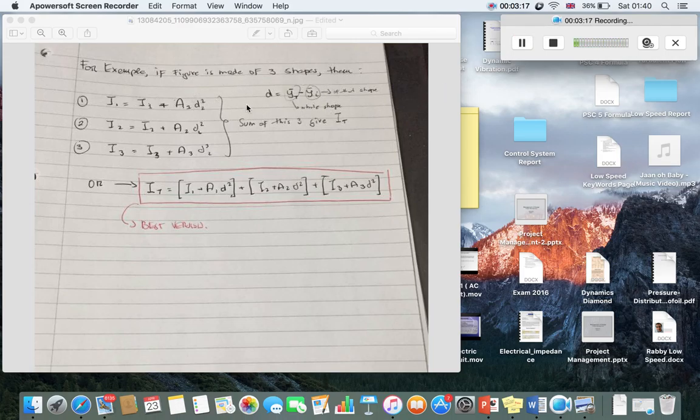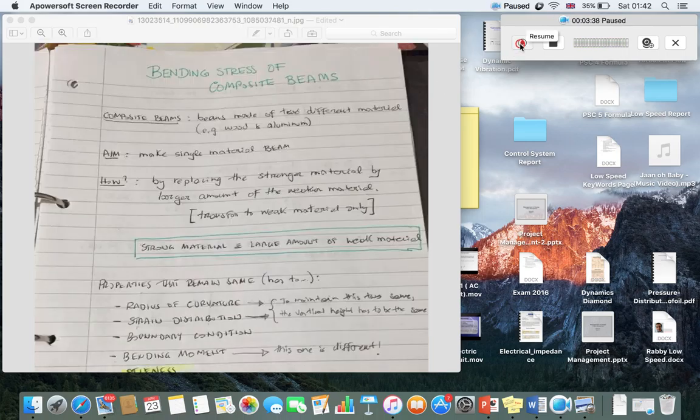Let's say we have a figure made of 3 shapes. We just do the moment of inertia of the first shape, second shape, third shape, and that's how we find the total moment of inertia. And this is the best formula we can use. And just to let you know, D is the most difficult part, because it's the difference between the center of the whole system minus the center of the individual shape.